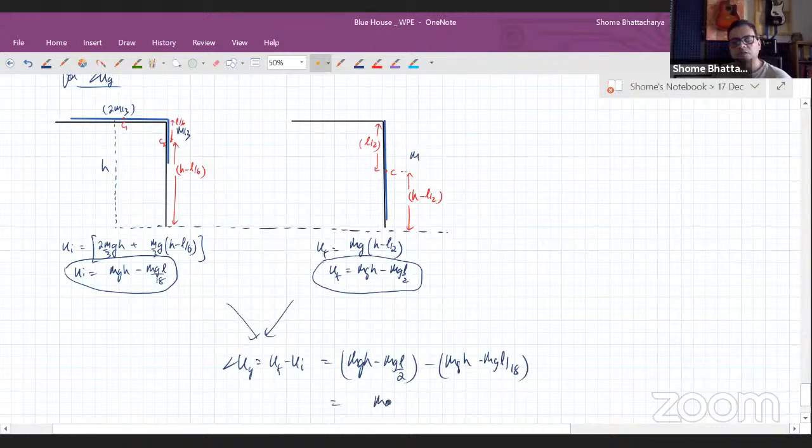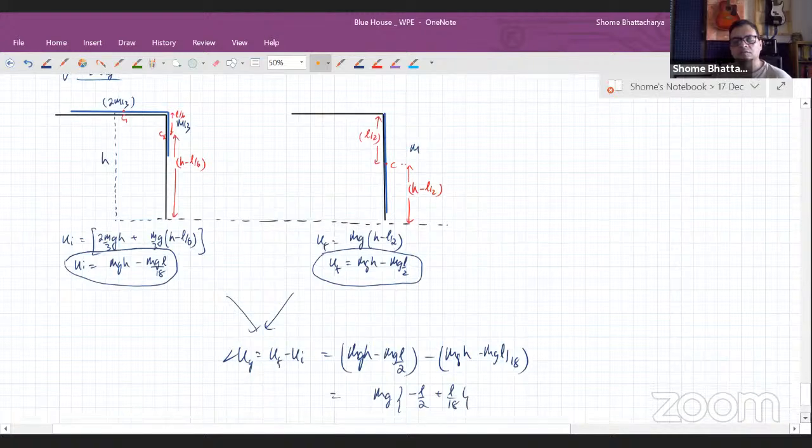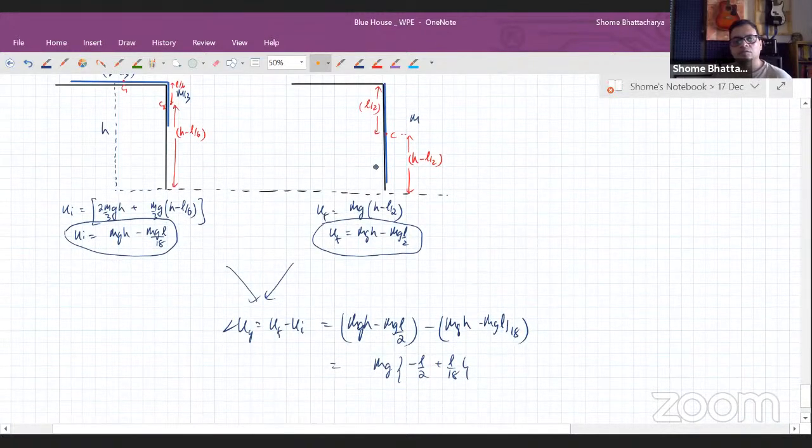So it is mg into minus L by 2 plus L by 18. Or you can write this as minus mg L by 2 times 1 minus 1 by 9.